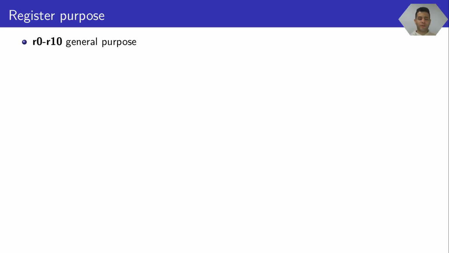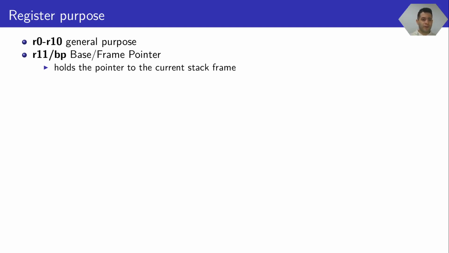So we start from R0 to R10. They are considered general purpose registers, even if in part 4 of this course we will see that those registers actually have a purpose when it's a matter of calling functions. Then we have R11, the base, also named frame pointer, that holds the pointer to the current stack frame.